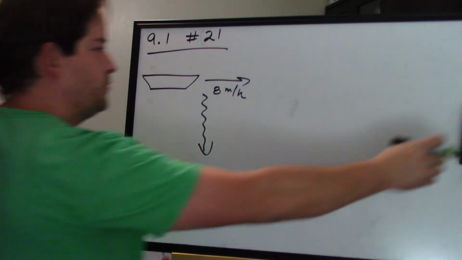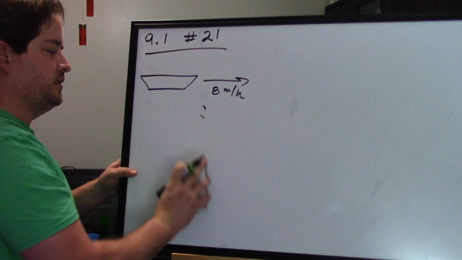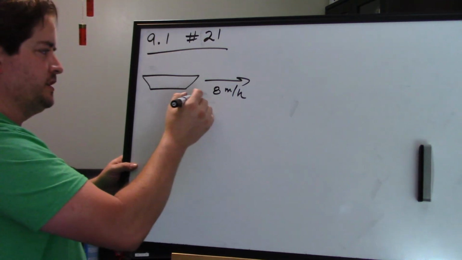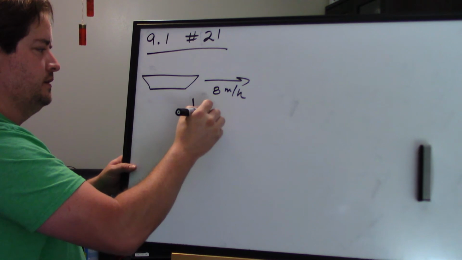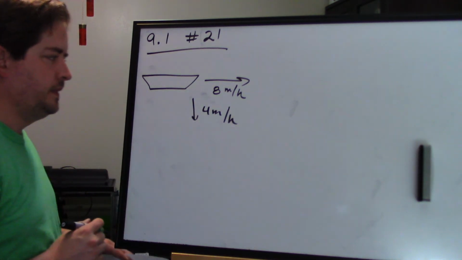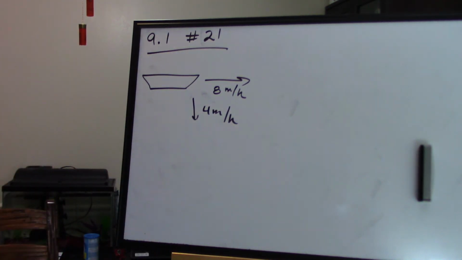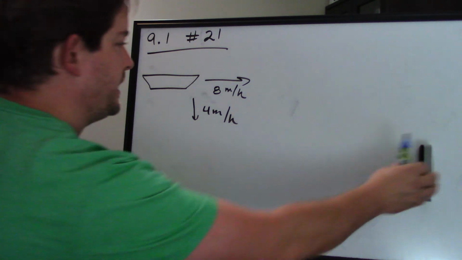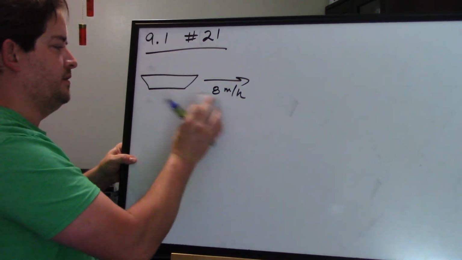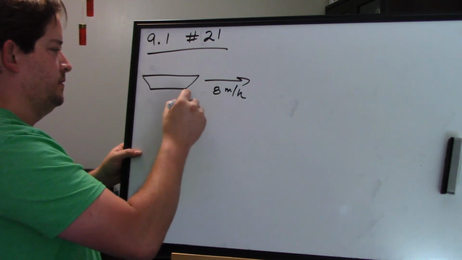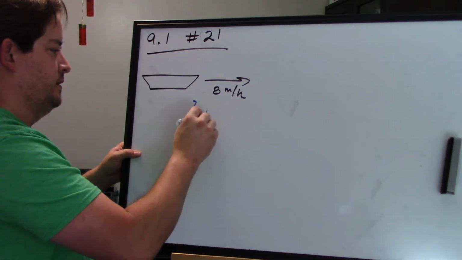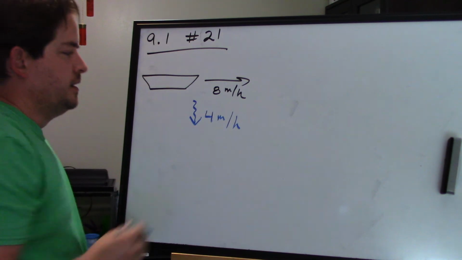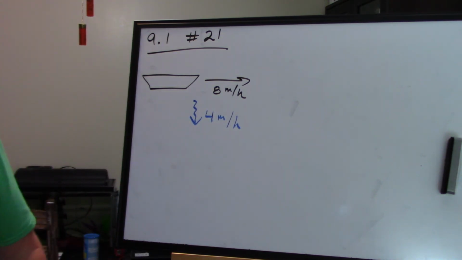If I'm representing these with vectors, this 4 should be smaller. I've got a boat traveling across the river at 8 miles per hour, and the river itself is moving at 4 miles per hour down.